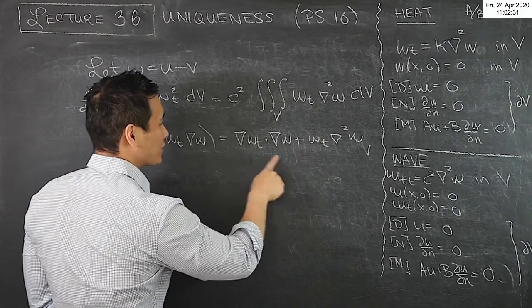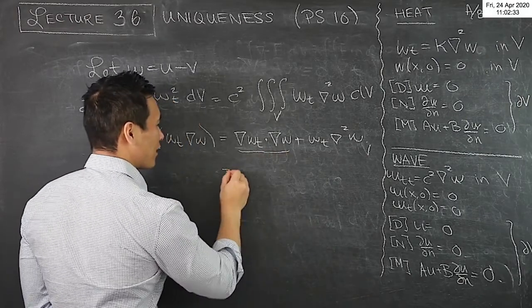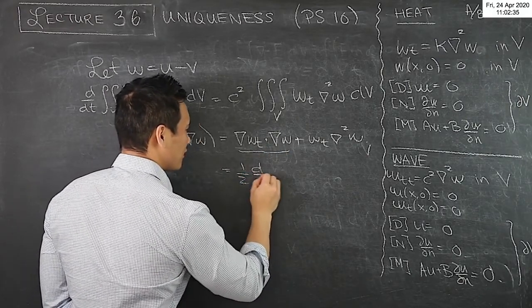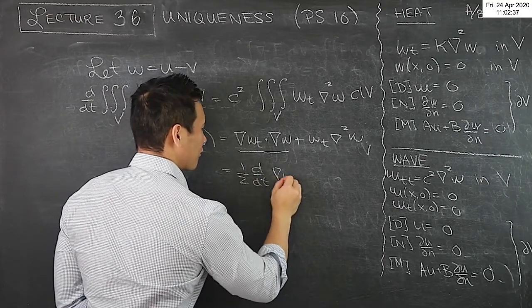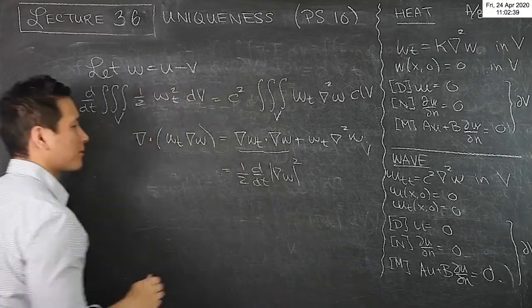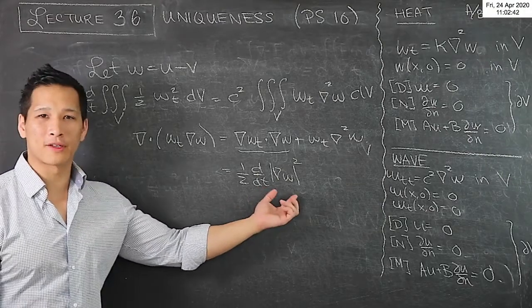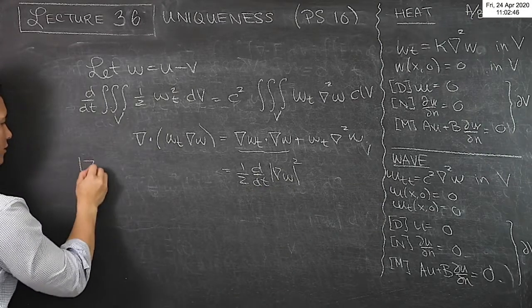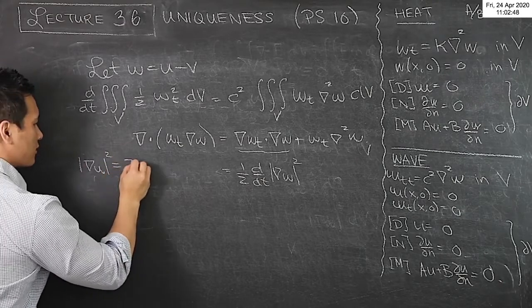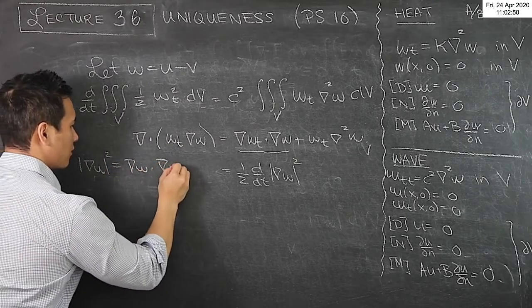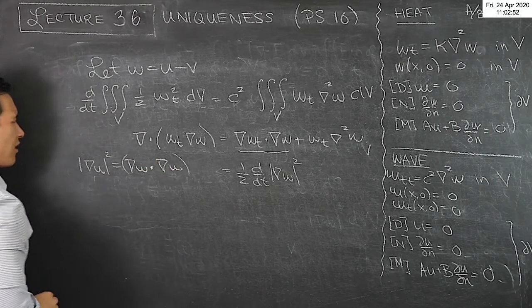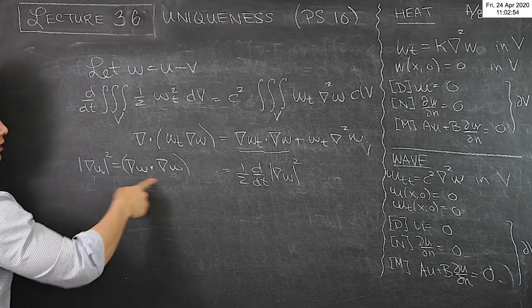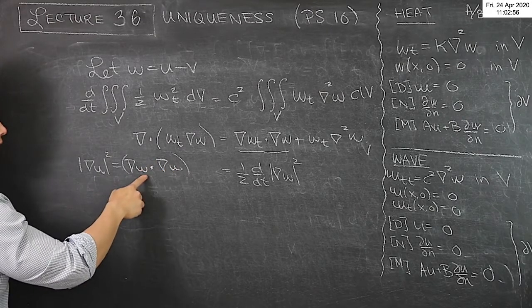And you want to rewrite this formula here to be 1/2 d/dt of the magnitude of grad w squared, like this. Okay, and you can verify that this has to be the case because I can rewrite this magnitude squared as this. And then if you take the time derivative of this quantity, it's just the product rule applied to each of the two components.